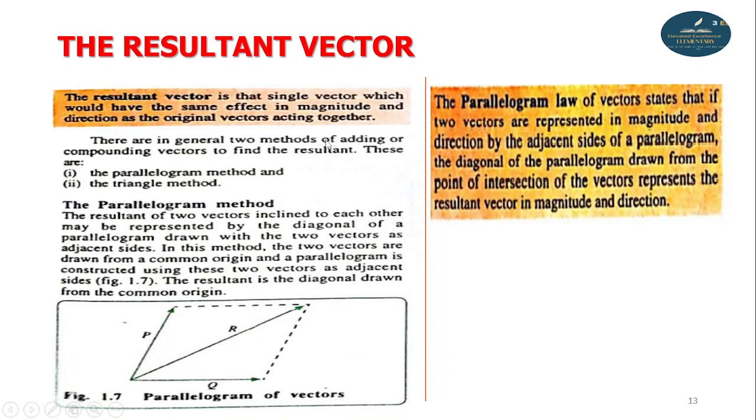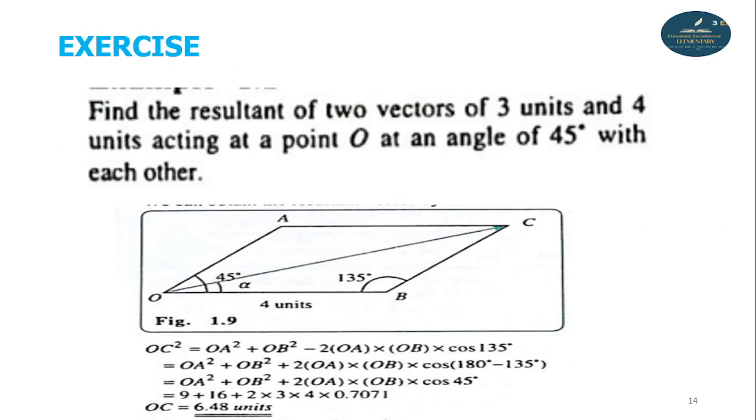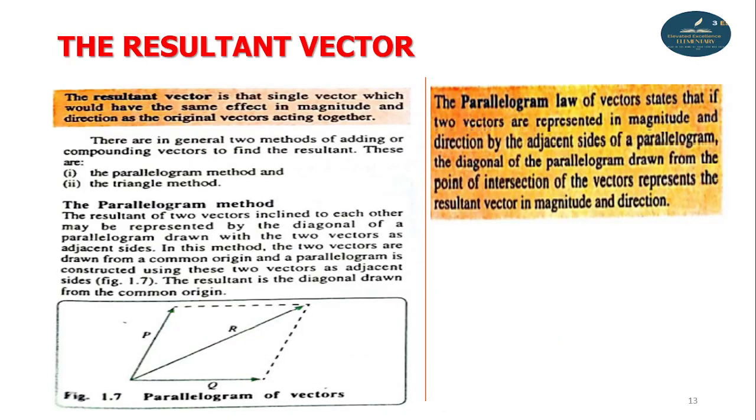So that's what we've actually been working on. Now let's look at the parallelogram method. We've learned how to get the resultants of vectors that act on a straight line, and of vectors that act at an angle.